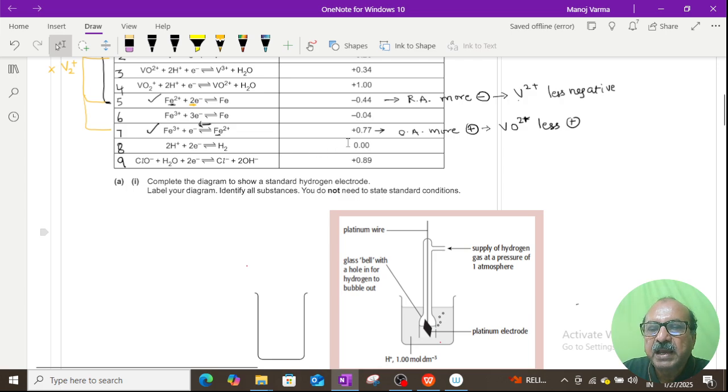And if you compare the standard electrode potentials, then you find that Fe3+/Fe2+ is more positive with respect to the hydrogen electrode, and the one which is more positive is always the cathode, and the more positive electrode attracts the electrons towards itself. So the positive electrode is definitely the Fe3+/Fe2+ electrode.